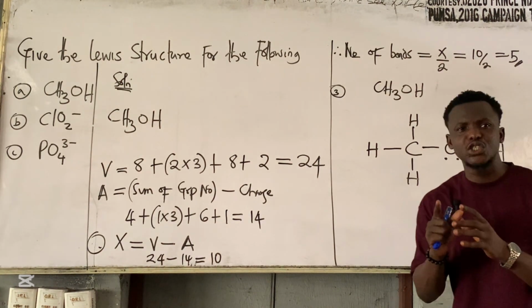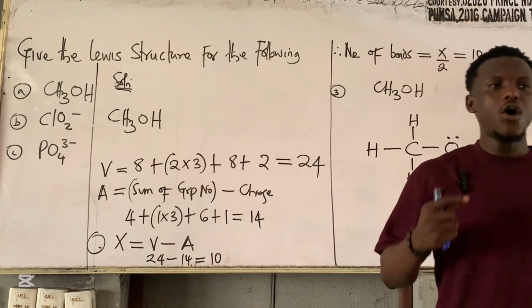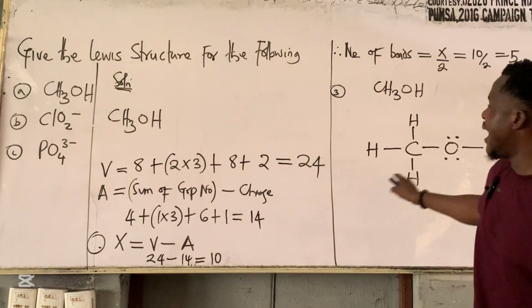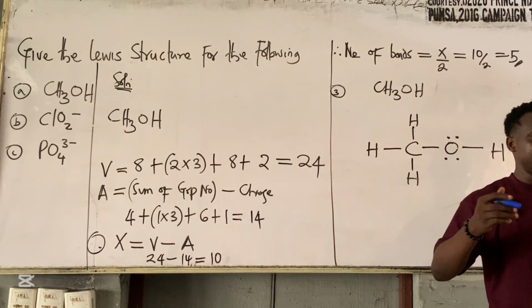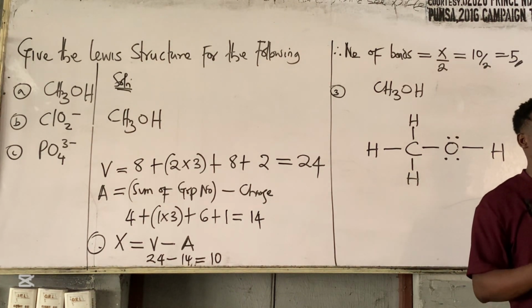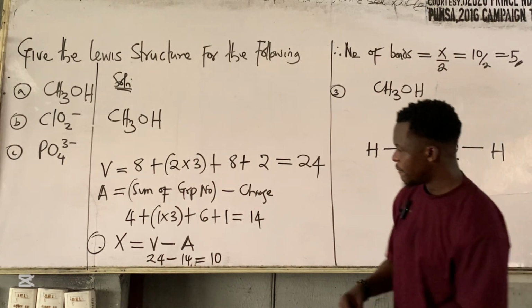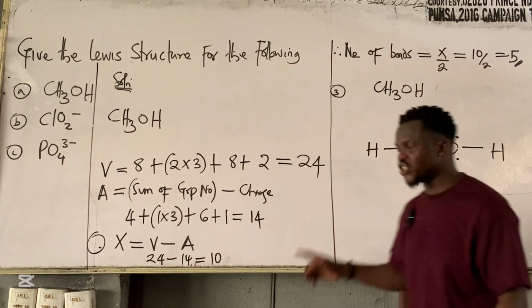Now the next thing I'm going to do, class, don't be in a haste. Always confirm that the total number of electrons is equal to A. Rule 5 says, check to see that the total electron is equal to A. Class, what is our A here? 14. Now let's check.